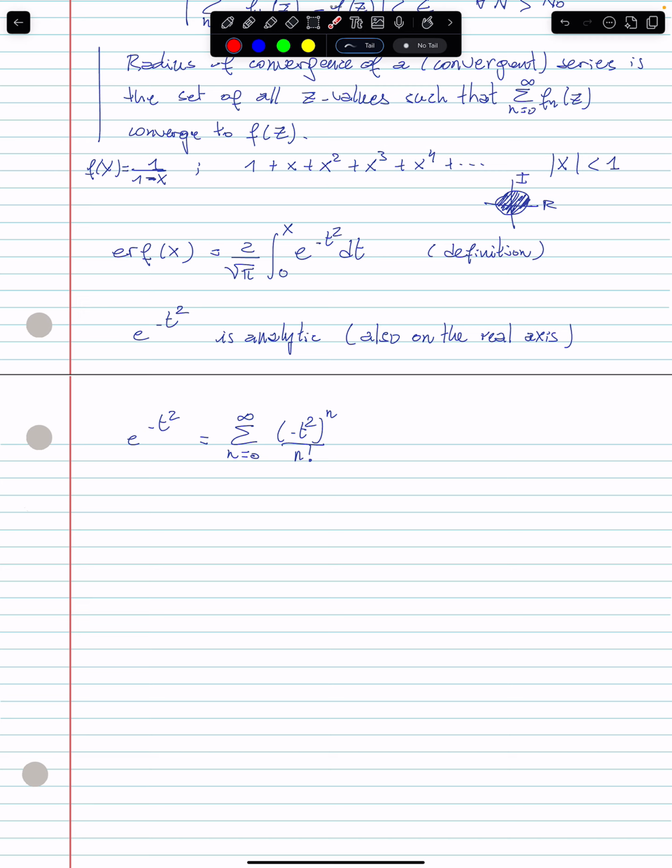All right, and actually this series is convergent. Moreover, the radius of convergence is the entire complex plane.